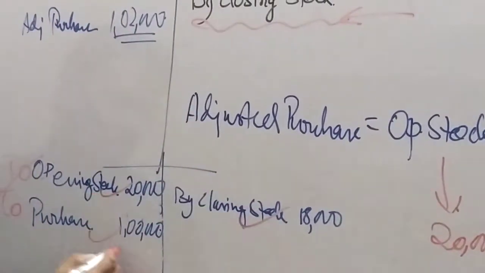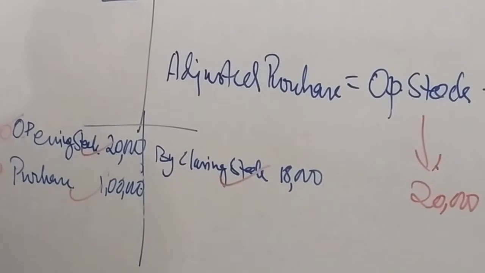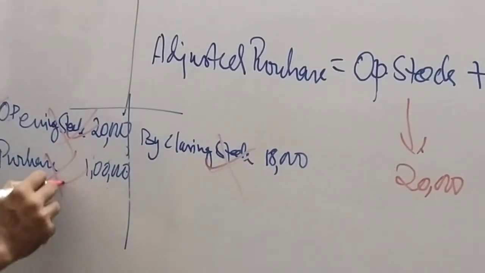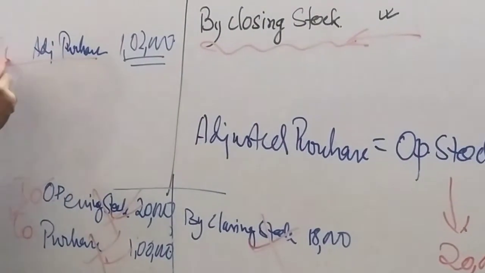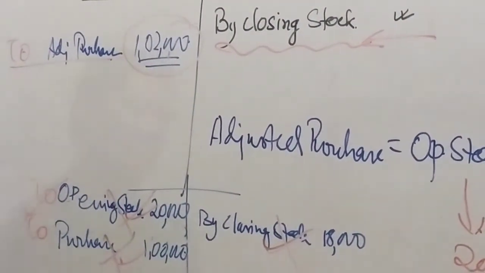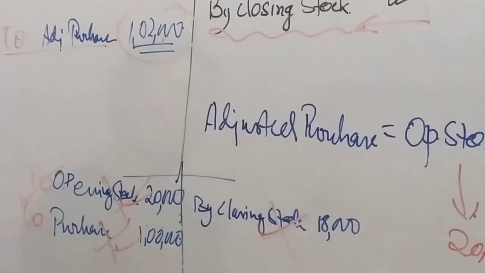If you calculate these figures, 1,20,000 minus 18,000 is 1,02,000. Instead of writing these three figures, I will write only adjusted purchase as 1,02,000. That means the same thing.